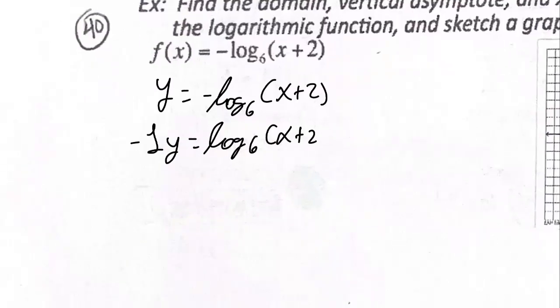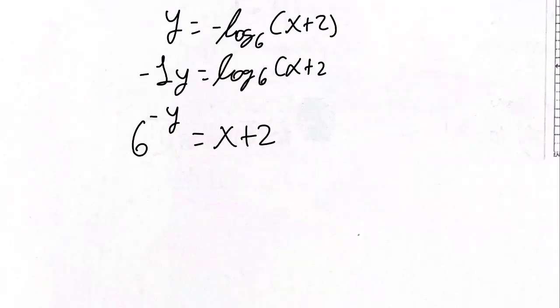But I had to get rid of this negative by dividing everything by -1, so that makes y negative. Converting it, I'll have 6 to the power of -y is equal to x plus 2. And then I can subtract 2: 6 to the power of -y minus 2 is equal to x.